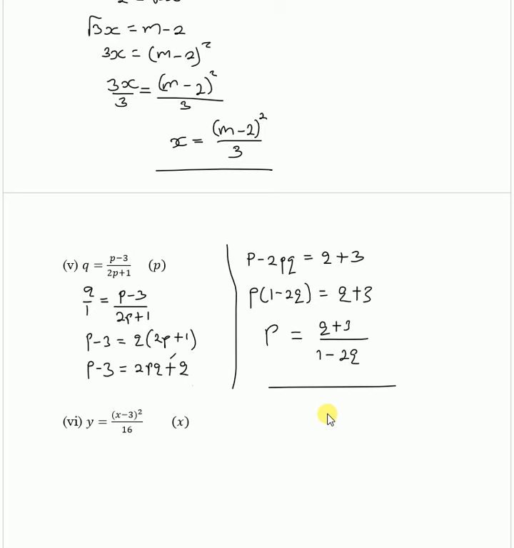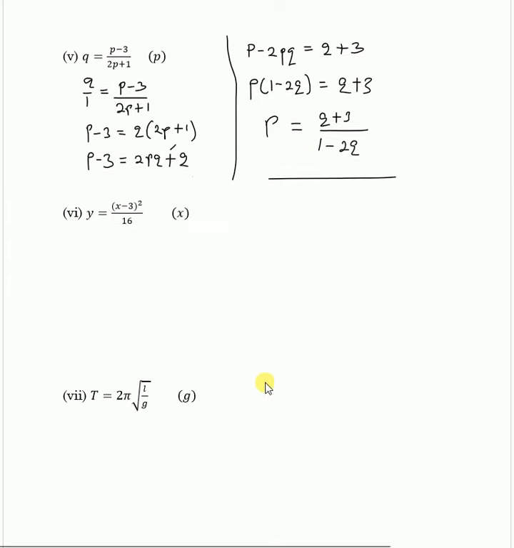That is the version of that equation with p as the subject of the formula. It is 1 minus 2q. That's what we have there.